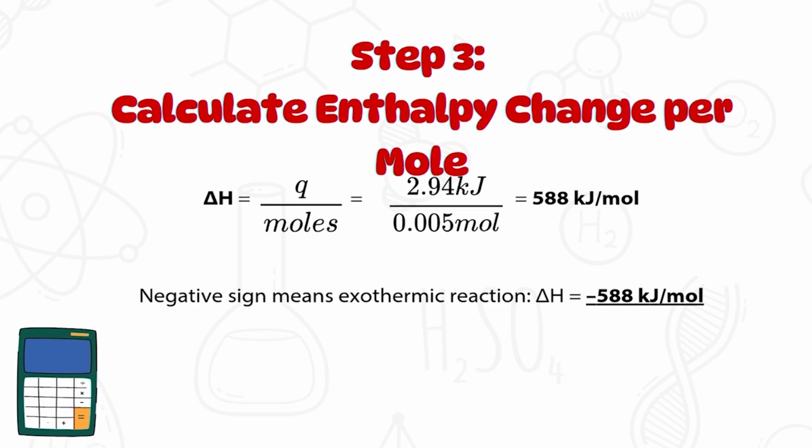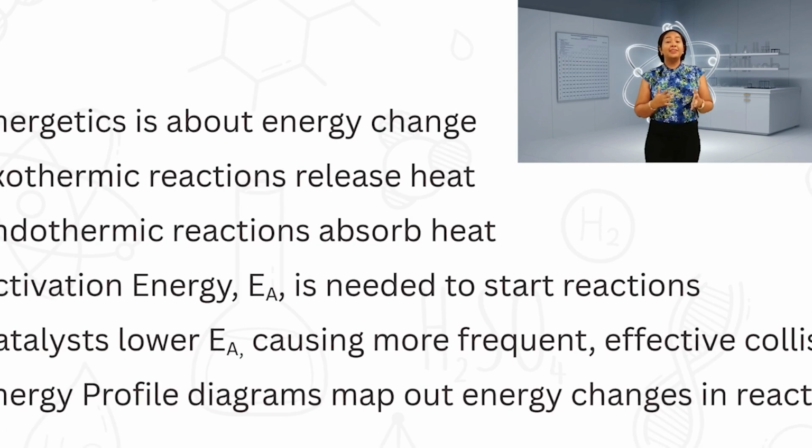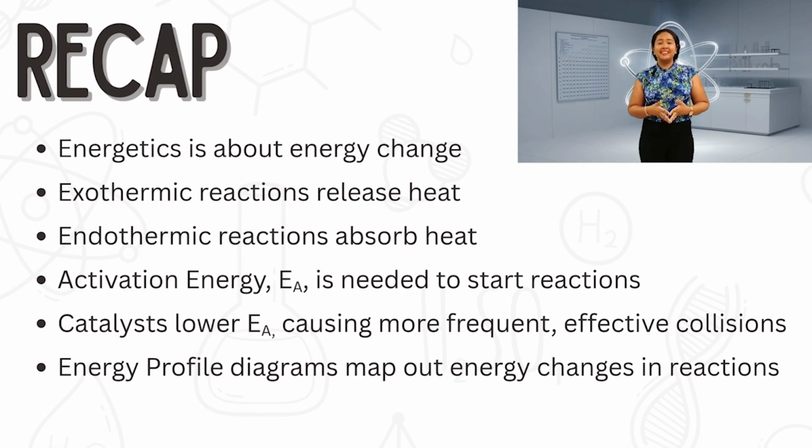So we take that 2.94 kilojoules from part 1 divided by 0.005 from the second part, and we get 588 kilojoules per mole. Since it's an exothermic reaction, we put a negative sign in front, so we get negative 588 kilojoules per mole.